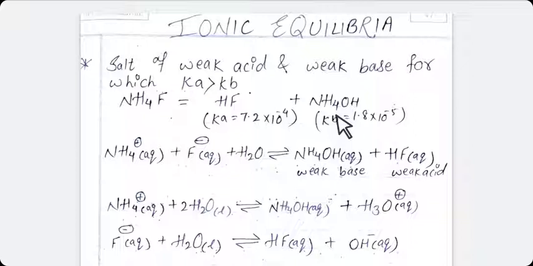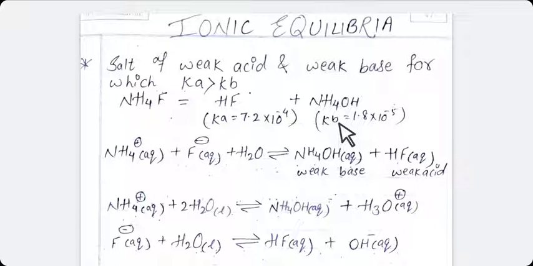HF has a Ka value. Ka means dissociation constant of acid. HF has a Ka value of 7.2 × 10^-4, and ammonium hydroxide has a Kb value.